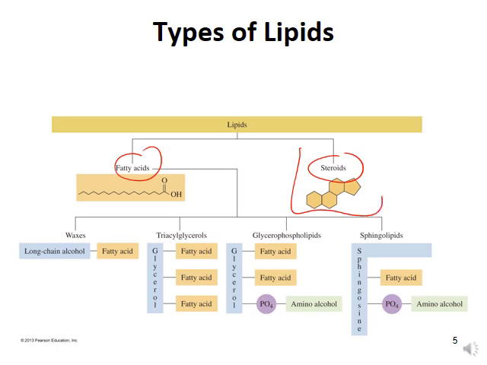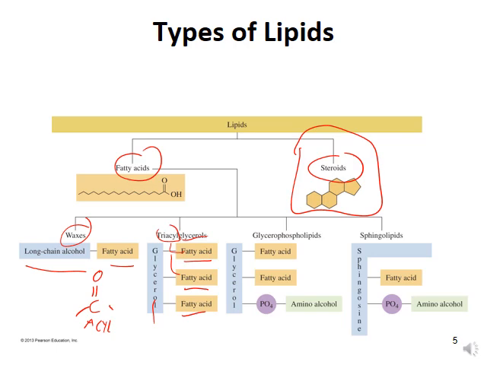Notice that steroids are all by themselves, and then of the fatty acids, we've got different types. Waxes, long-chain alcohol and fatty acid. Triacylglycerols, so we've got glycerol and then fatty acids. So clearly, triacyl has something to do with the fatty acid. And if you remember, an acyl group is that, right? That's an acyl.